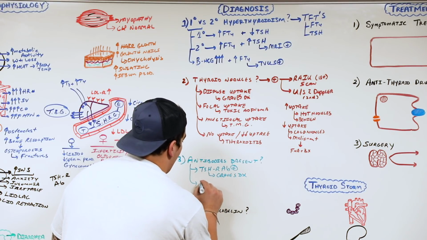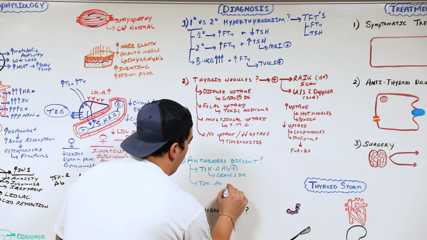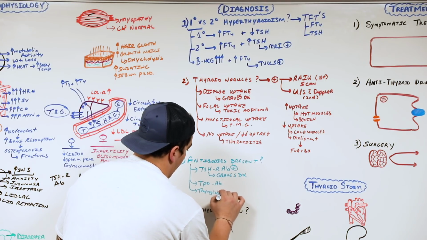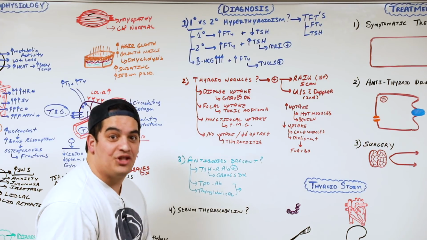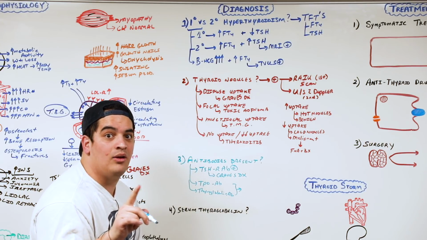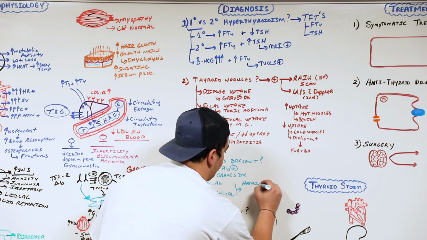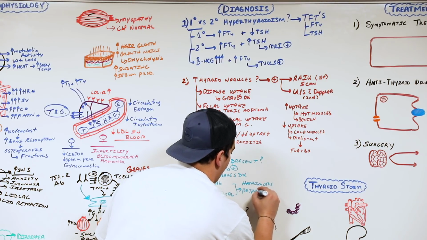But let's say that it comes back positive for TPO antibodies or thyroglobulin antibodies. This is associated with which two diseases? Hashimoto's, the most common one, and postpartum thyroiditis. So Hashimoto's and postpartum thyroiditis.